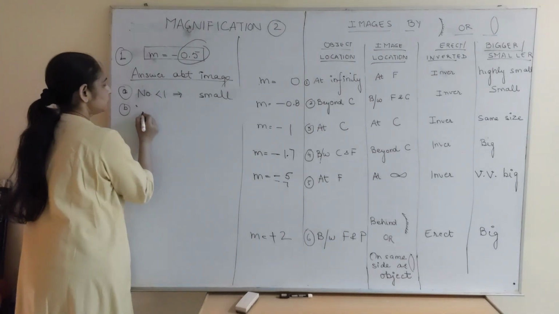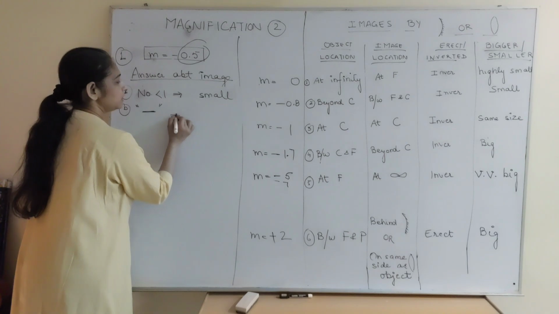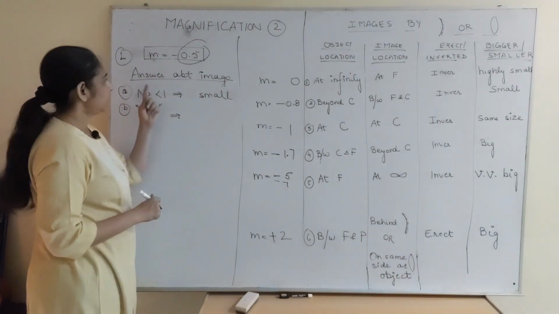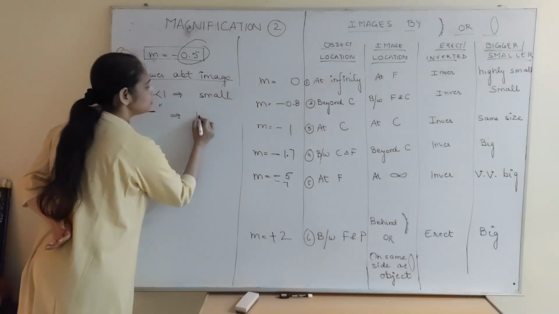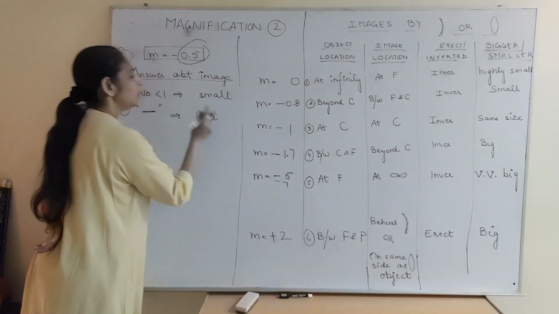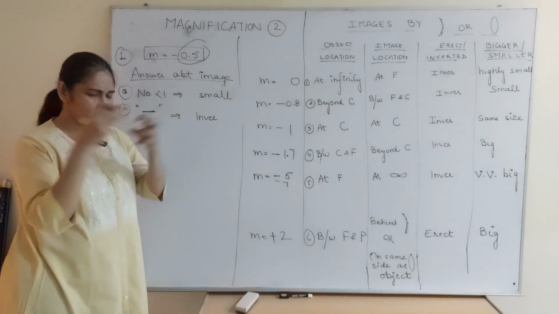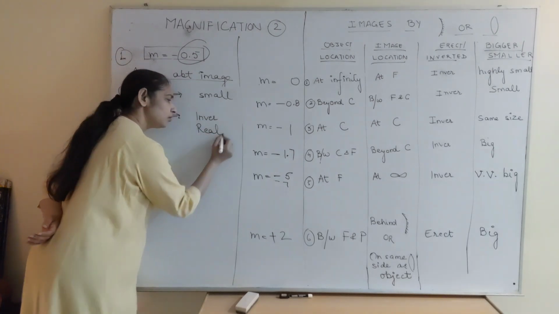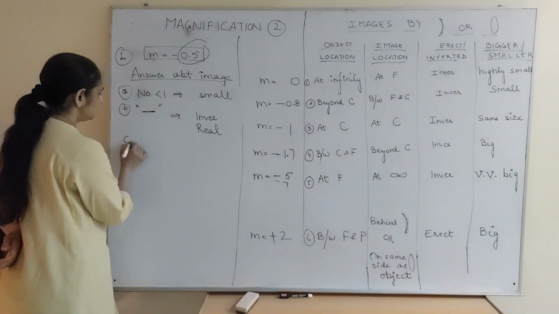Now, because the sign is negative, negative sign of m means inverted image. So we came to know it is inverted, and inverted and real always go together, like friends. If it is inverted, then it will be real, there is no question about it.